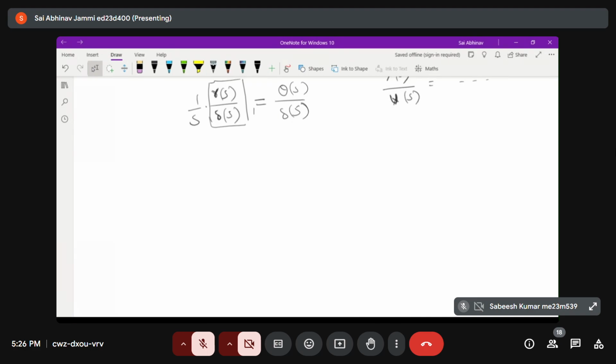So once we get the transfer function, we'll first see the step response, then design the P and PI controllers, right?